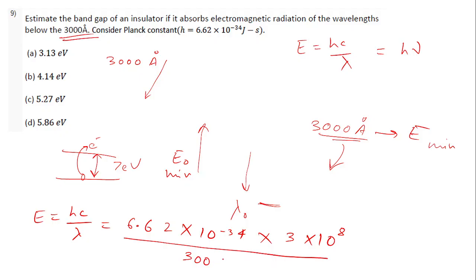Angstrom will change to meter. 1 angstrom is 10 to the power minus 10 meter. So 3000 angstrom multiplied by 10 to the power minus 10 will be in meters.